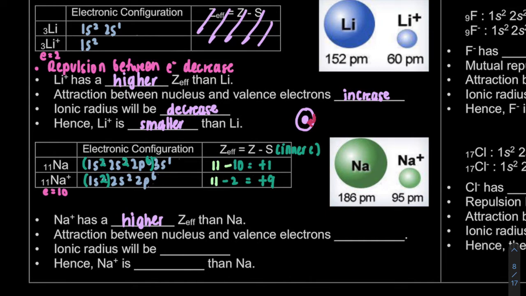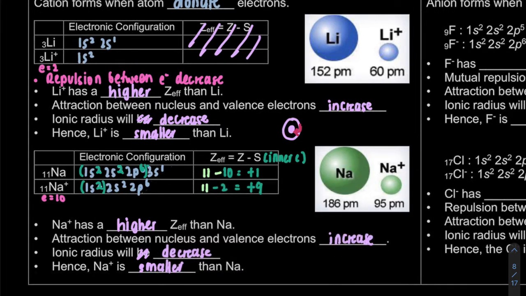If the ZEF is higher, it means that the attraction between nucleus and valence electron increases. So the outer electrons are drawn closer to the nucleus, hence the ionic radii will decrease. Hence, Na+ is smaller than Na.